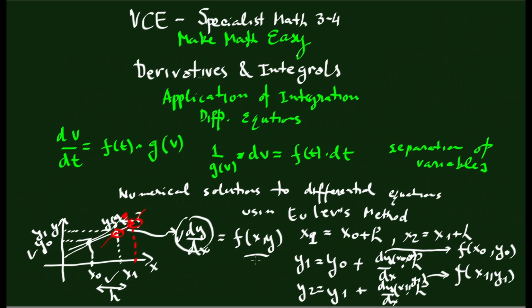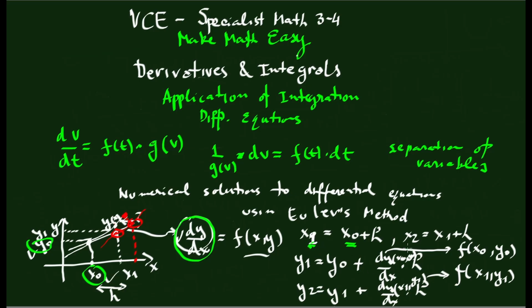That's the first step. So you do know this, and you start from there. So knowing this and knowing x0, you get x1.